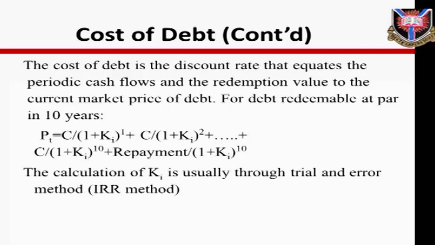The higher the interest charges, the lower the tax payable. Thus, in the calculation of the cost of debt, the calculated rate is adjusted for tax purposes at the applicable rate. After tax cost of debt, A equals K times (1 minus T), where T is the corporate tax rate.